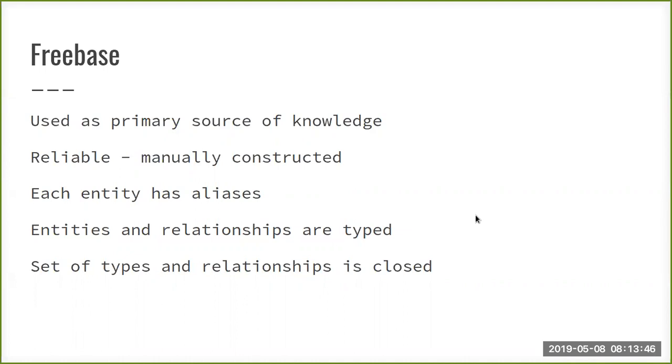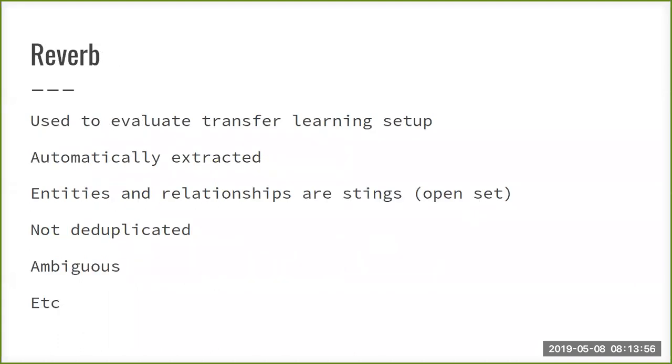So there are a certain amount of relationships, and compared to Reverb, which I'll talk about later, it's quite different. Reverb is the other knowledge base that was used to evaluate the transfer setup. They also compared the performance on it with the original memory networks paper, which gives some evaluation results on this knowledge base, or on some subset of questions made from it.